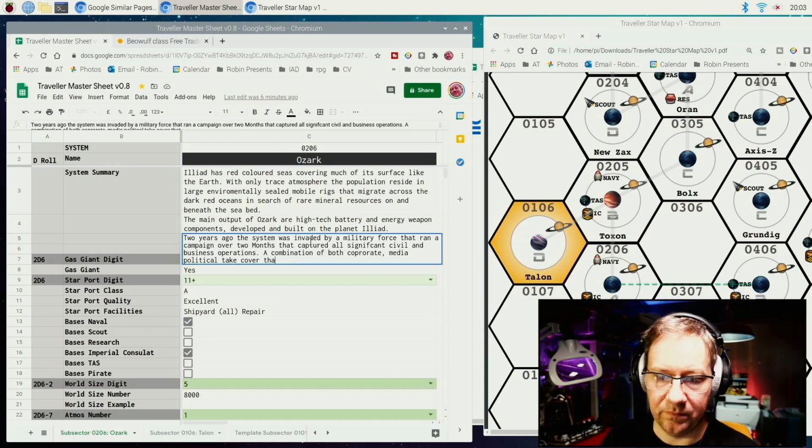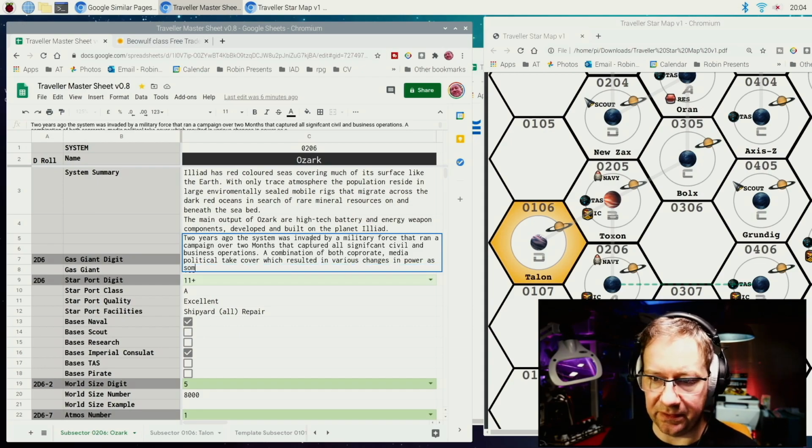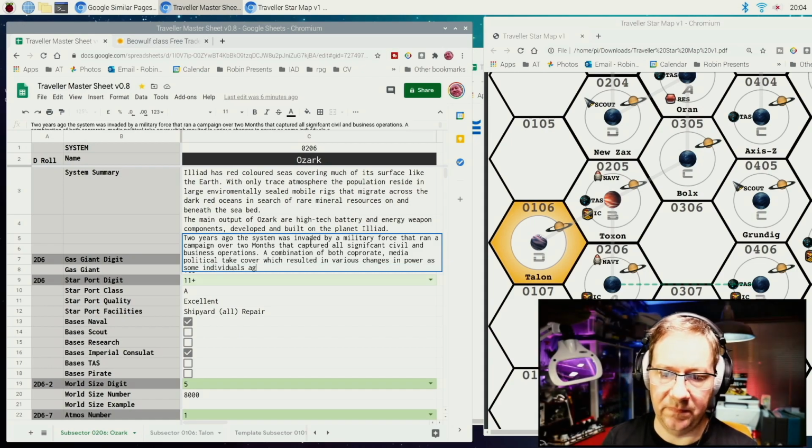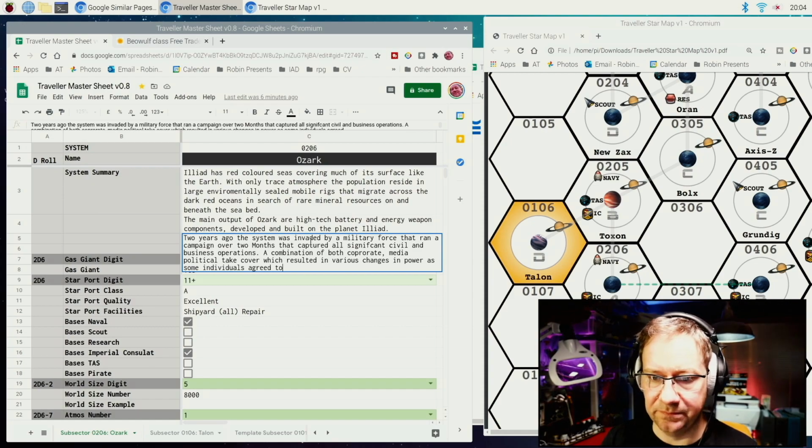That resulted in various changes in power, as some individuals agreed to new terms and others departed.